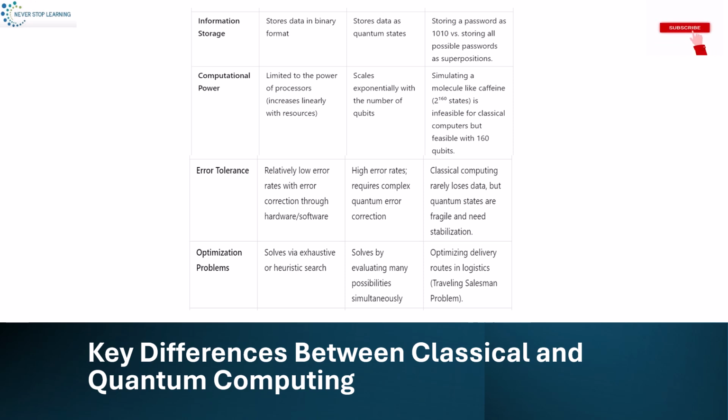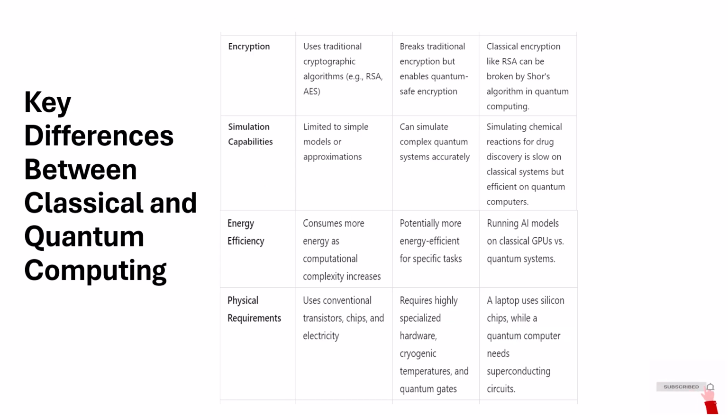In terms of optimization problems, classical computers solve via exhaustive or heuristic search, whereas quantum computing solves these by evaluating various possibilities simultaneously. In terms of encryption, classical computers use traditional cryptographic algorithms such as RSA, AES, etc., whereas quantum computing breaks traditional encryption, but it enables quantum-safe encryption.